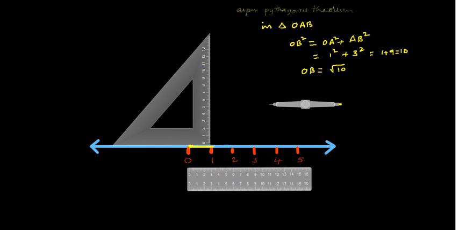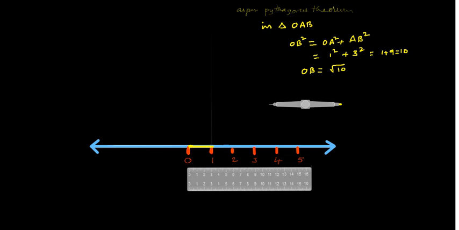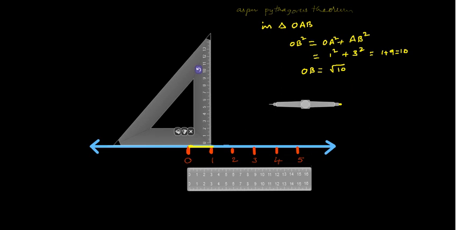If it is not in our geometry box, you take a compass and protractor, take 90 degrees at one end and draw a perpendicular line to OA. Now you put like this and you draw 3 units.